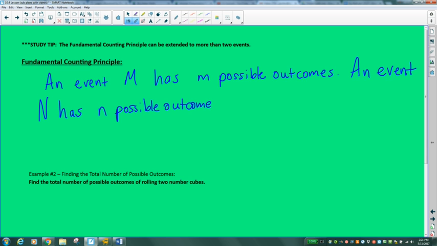Sometimes those could be the same number, and sometimes they'll be different. If I was rolling a dice and flipping a coin, they would be 2 different amounts. If I was rolling a dice twice, it would be the same amount.